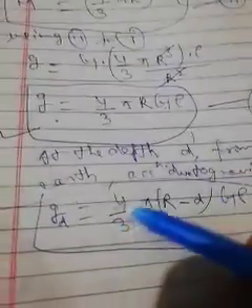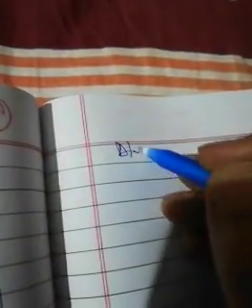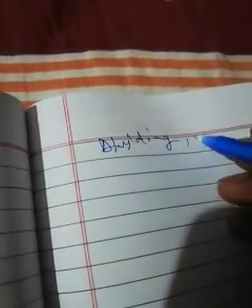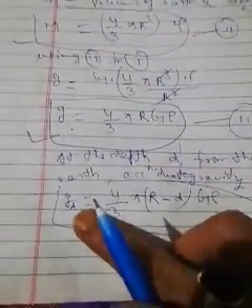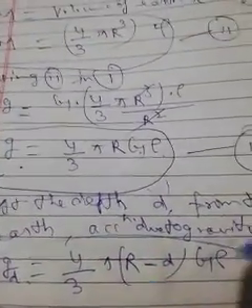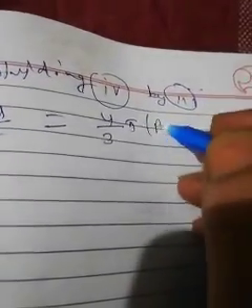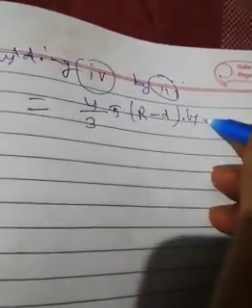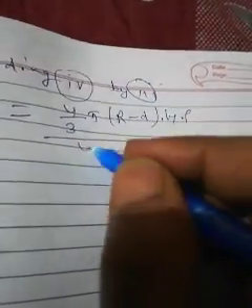Let us divide, gd by g. Dividing, we get on the left hand side gd by g, and on this side 4 by 3 pi G rho into r minus d, divided by 4 by 3 pi G rho into r.